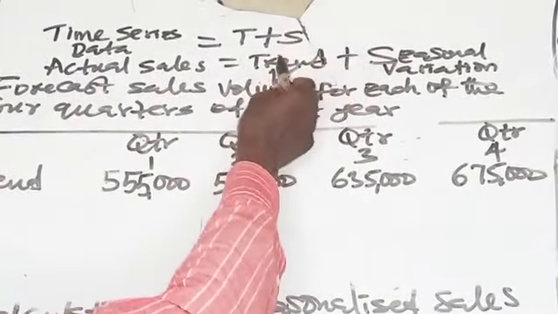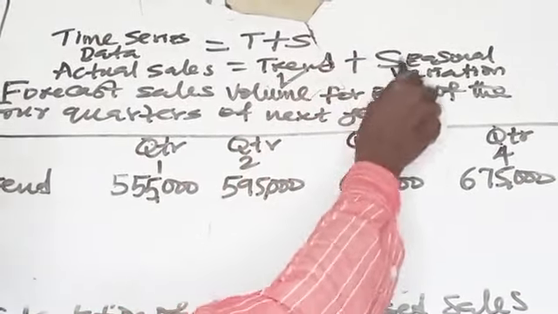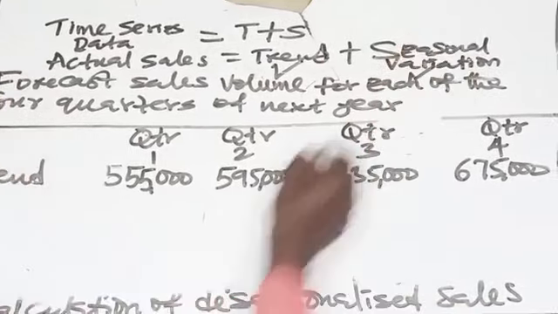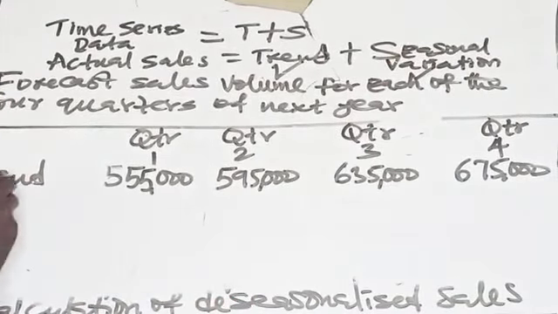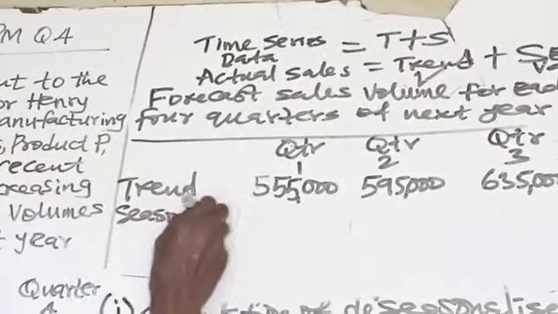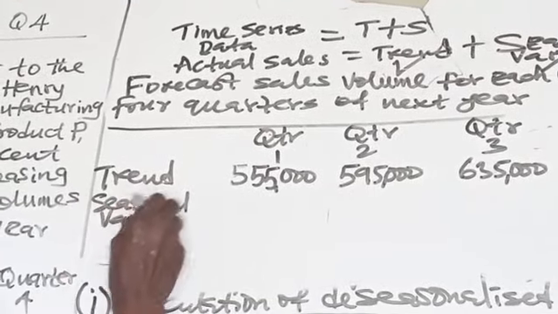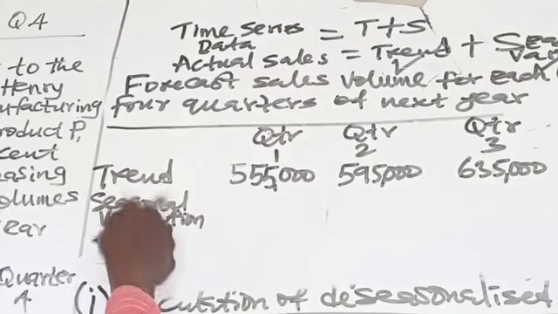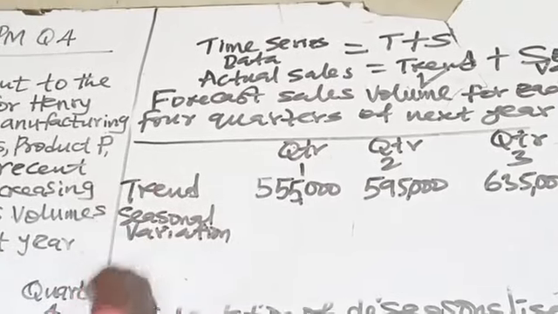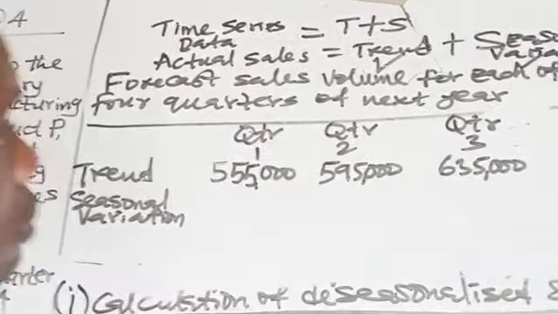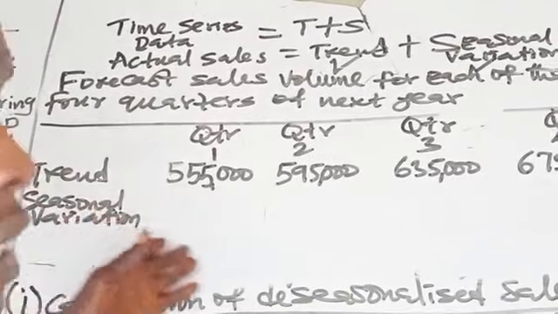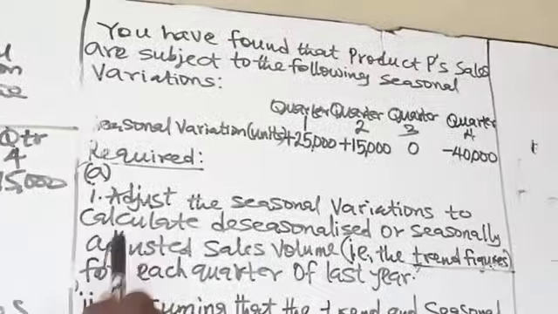Then we said trend plus seasonal variation. Remember, this is plus this time around, not minus. What you are calculating is the actual sales, not trend. Now, what is our seasonal variation? Back to the question.